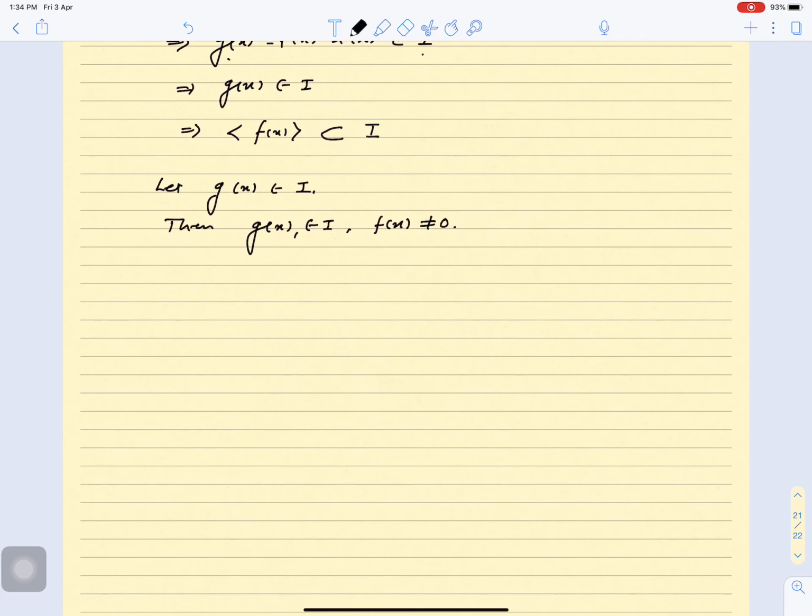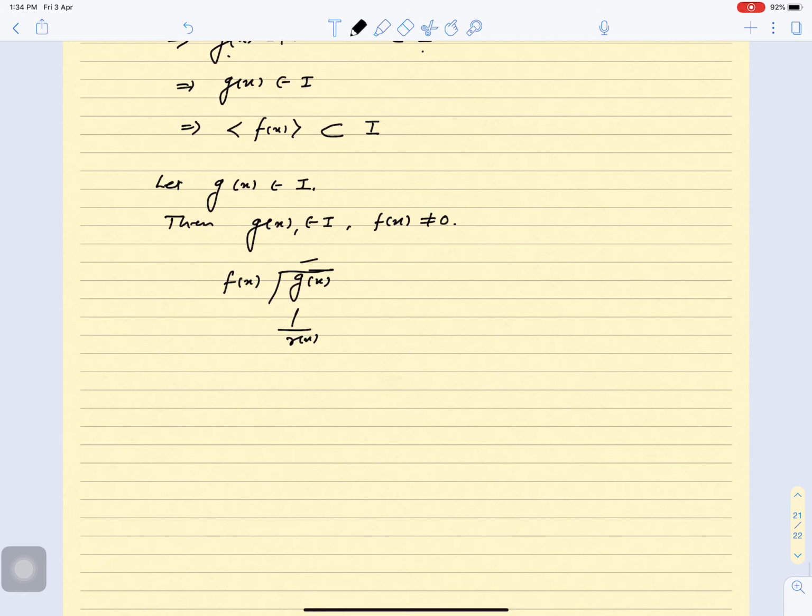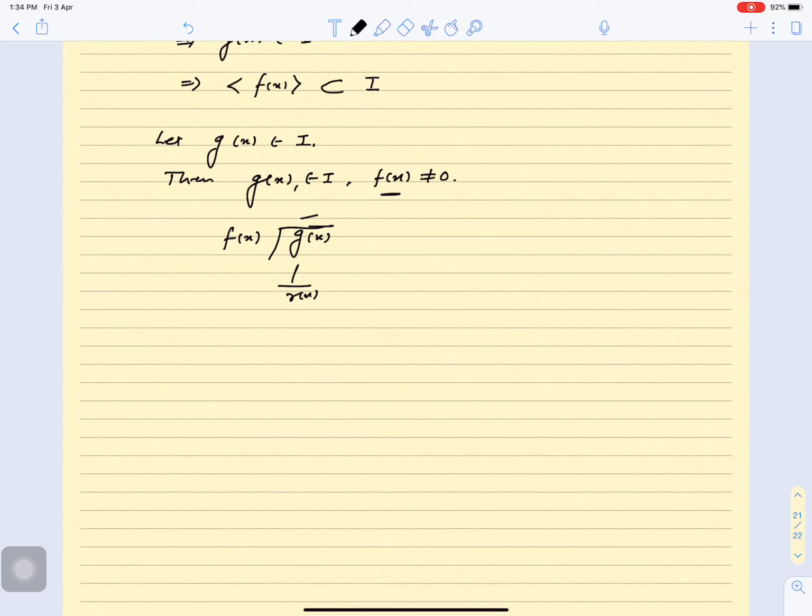So we can divide g(x) by f(x), and we will get some q(x) and some r(x). That is, we will apply the division algorithm over g(x) and f(x). And notice that f(x) is the smallest degree polynomial in I, and that is fixed.